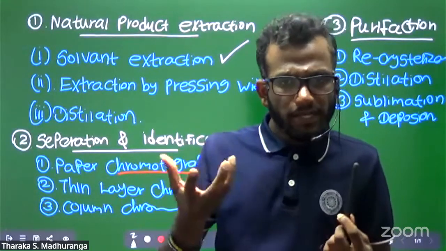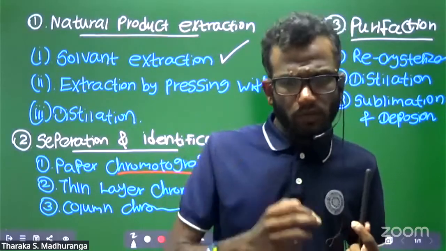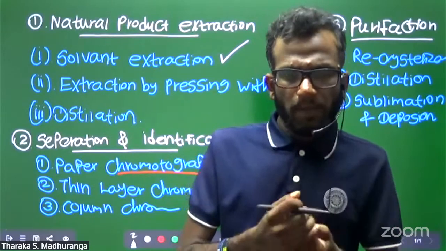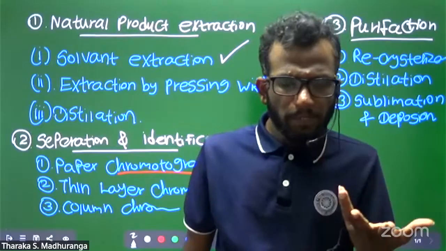While heating, the compounds in the plant material come into the solvent, then we can prepare the crude solution. That is the simple solvent extraction method.